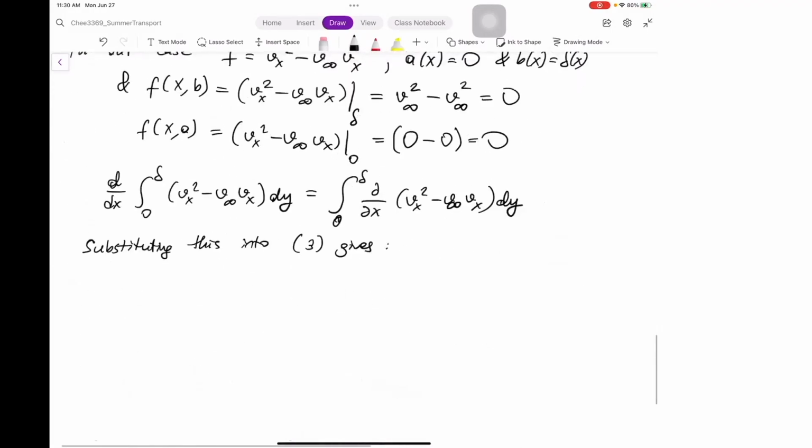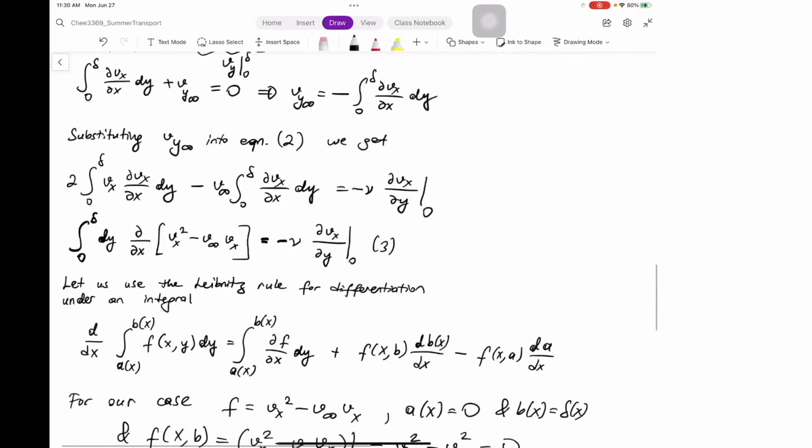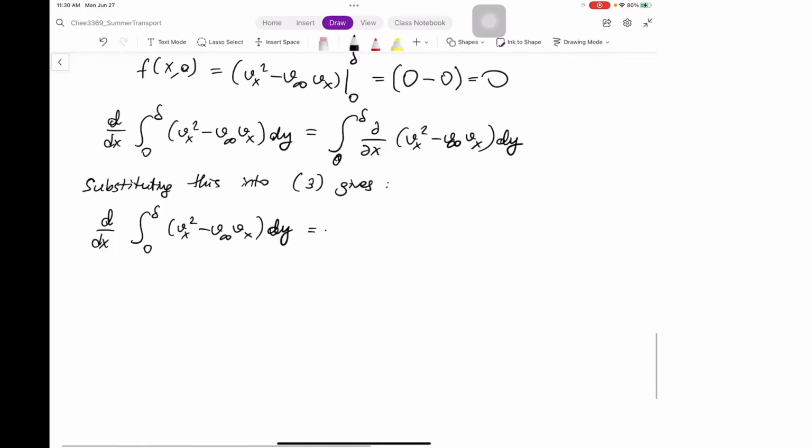Yeah. d over dx integral 0 to delta of vx squared minus v infinity vx dy, the left hand side, is equal to negative mu del vx over del y at y is equal to 0, right?